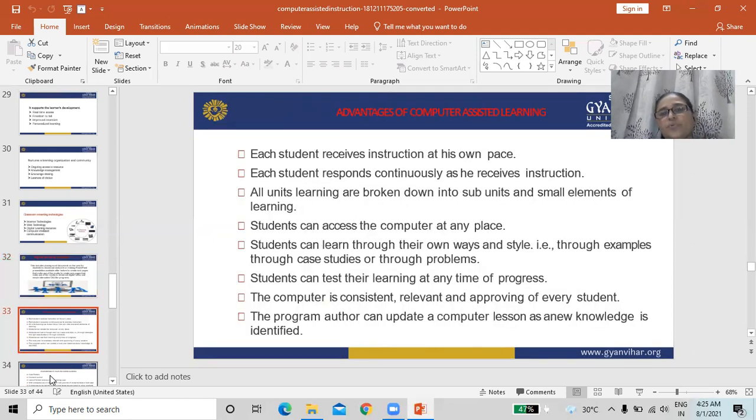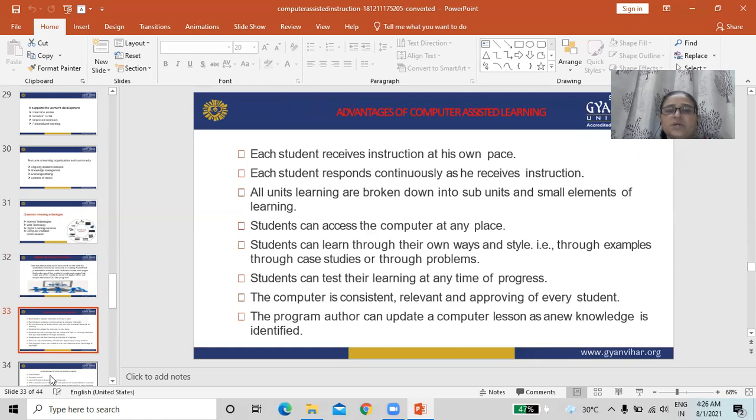Advantages of computer assisted learning. Each student receives instruction at his own pace. Each student responds continuously as he receives instruction.